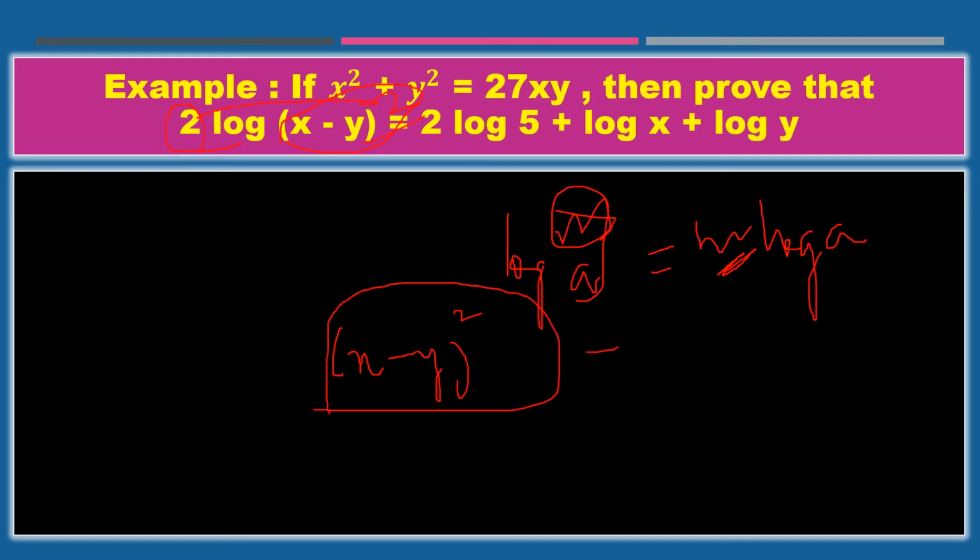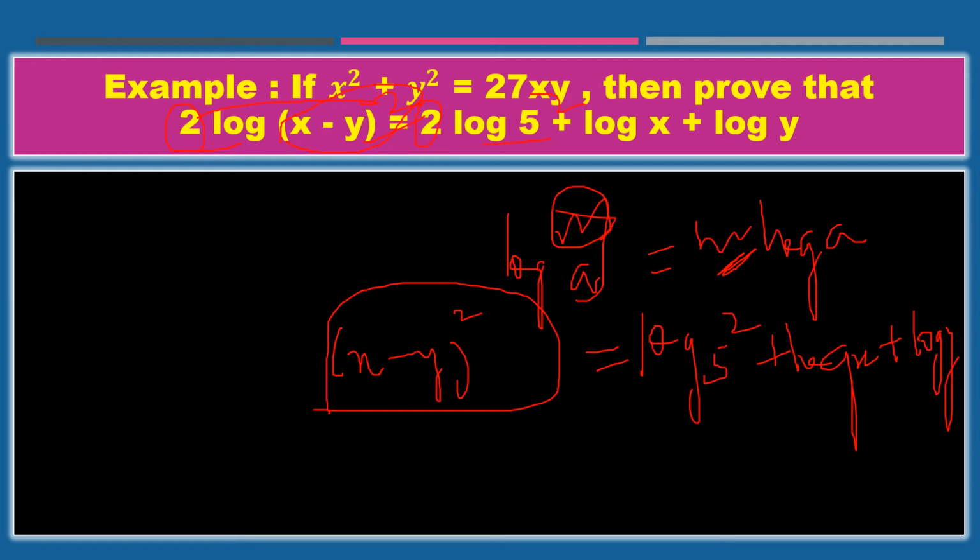Now if you see here also log 5, this 2 will be sent to this power as power, so it is log 5 square, right? This log x and log y will be written as it is. So this is what first you should do in the rough work, so that you can easily know how to do this problem.